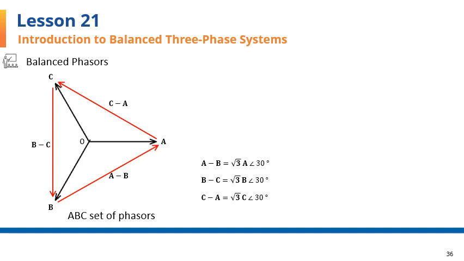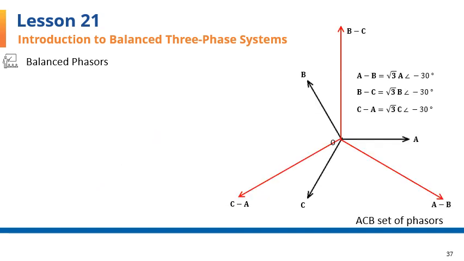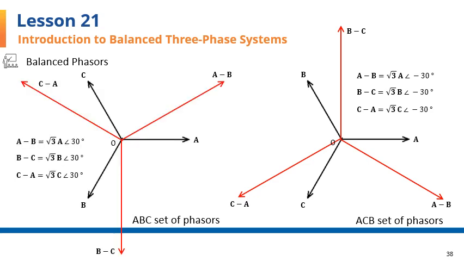The next slide shows a diagram of the negative sequence set along with those difference equations. Here they are. I'll have the positive sequence set side by side for comparison.